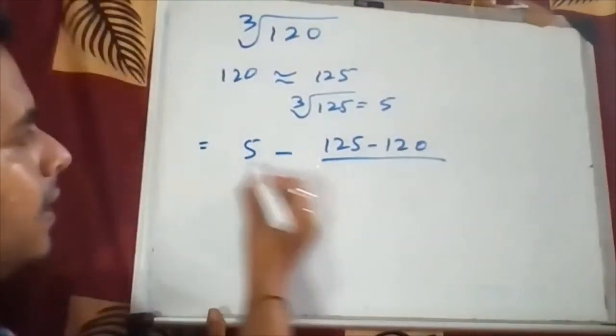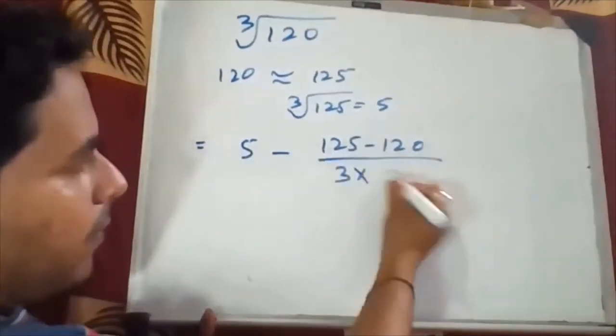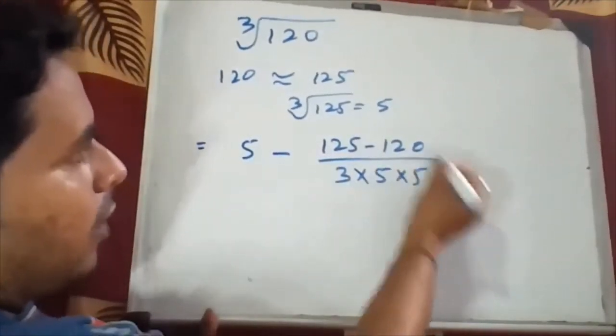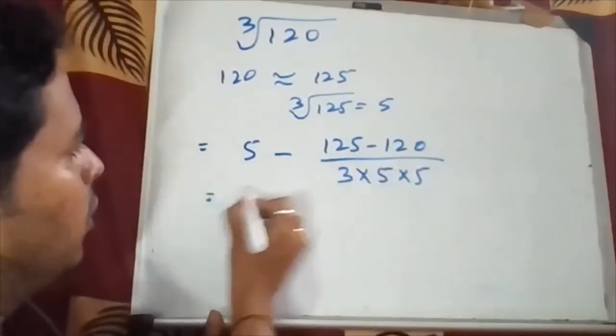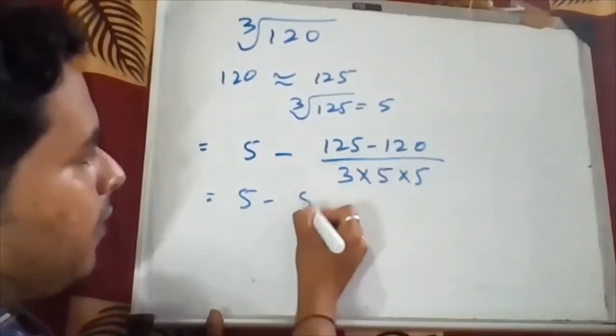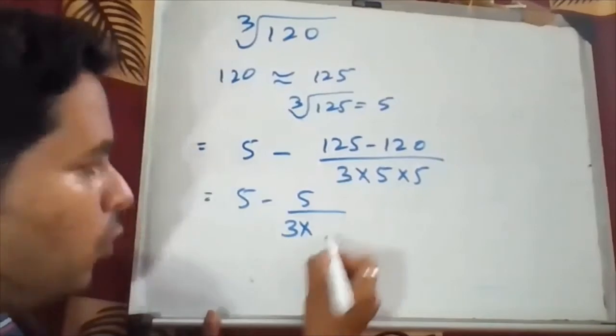divided by 3 into 5 into 5. 5 square is 25, so 5 minus 5 divided by 3 into 25.